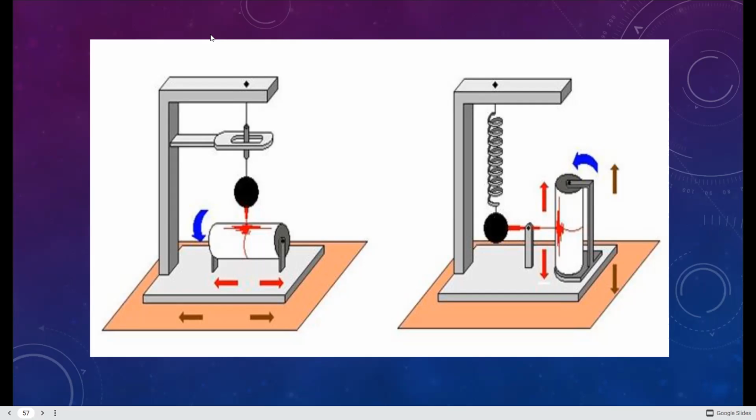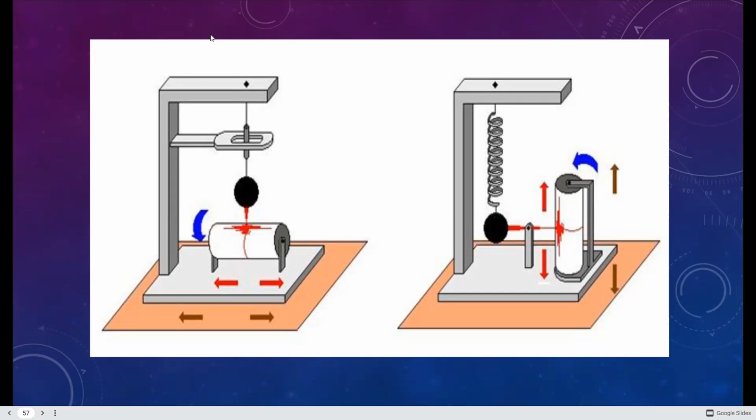So this is actually a pen, with a metal ball and a paper, and of course a motor on the sides. So there is a motor there moving. If there is no earthquake, the tendency is the pen will stay in its place.